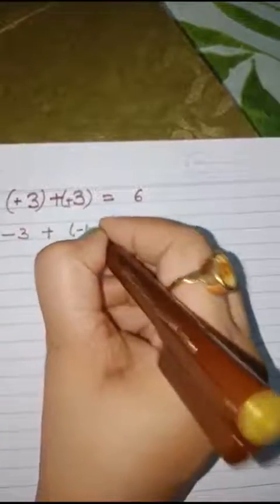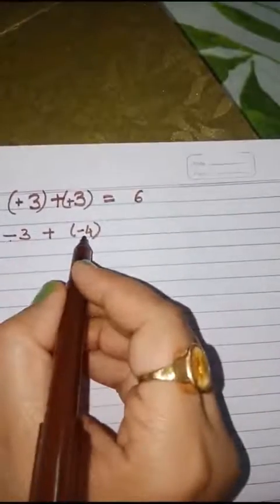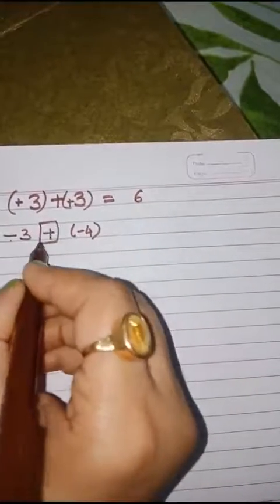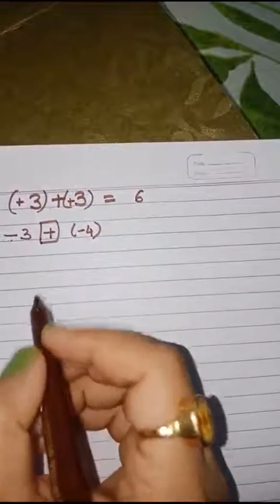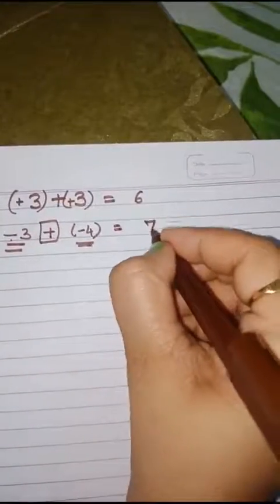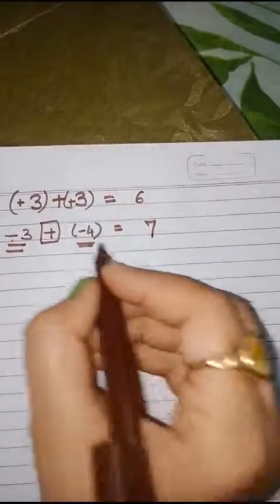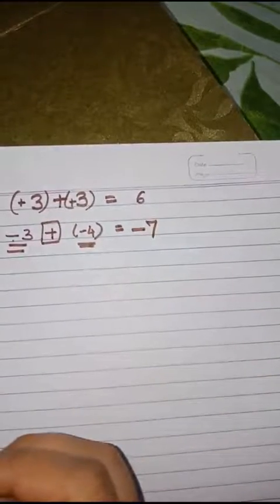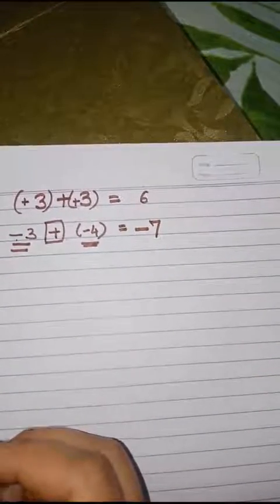If we have -3 plus -4, as I told you, we will not consider this sign for the operation, we will be considering the integers' sign. Minus minus is plus, that means 4 plus 3, 7, and the sign of the greater number, that is minus 7.